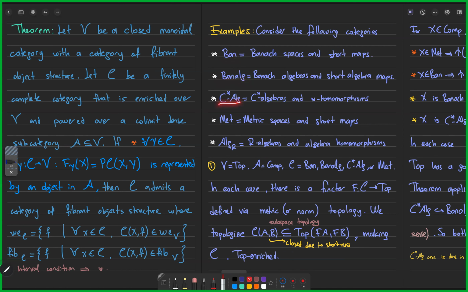C-star algebra is the category of C-star algebras. So a C-star algebra is a Banach algebra with an involution satisfying the star identity. And let Met be the category of metric spaces and again short maps. We choose short maps because they have many advantages. Sometimes short maps are called metric maps.